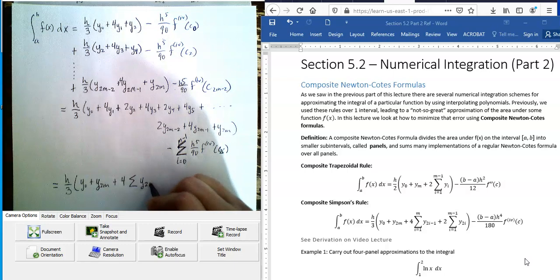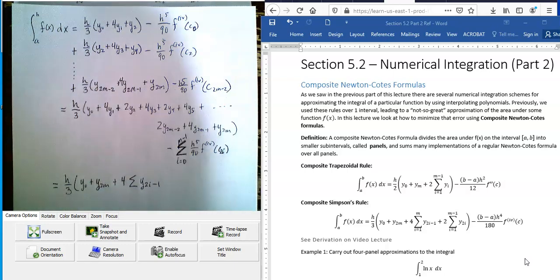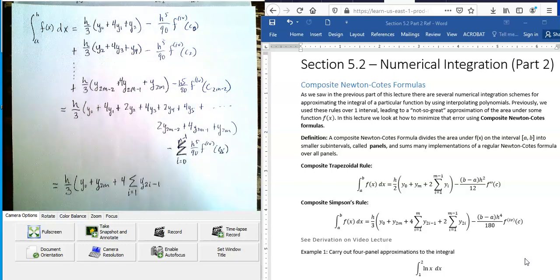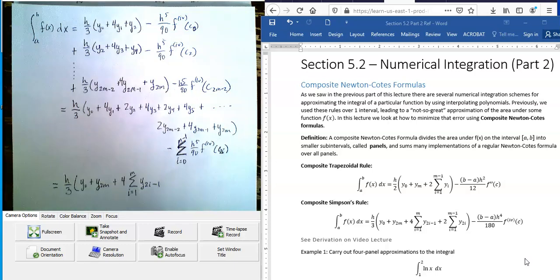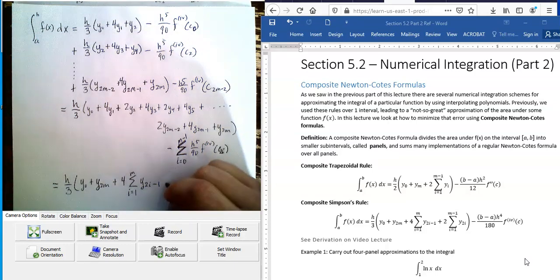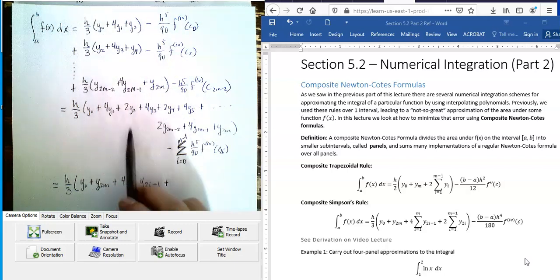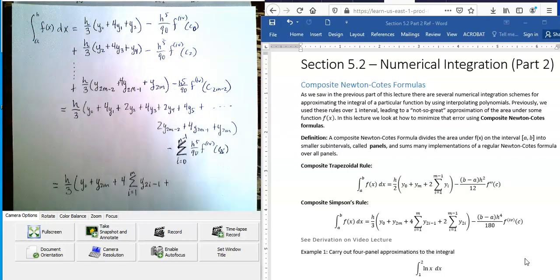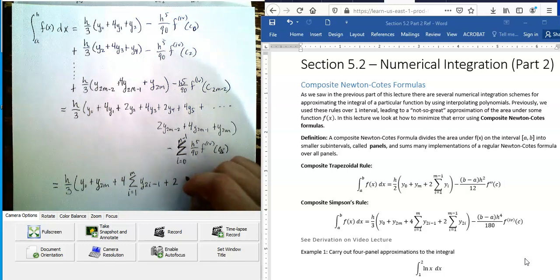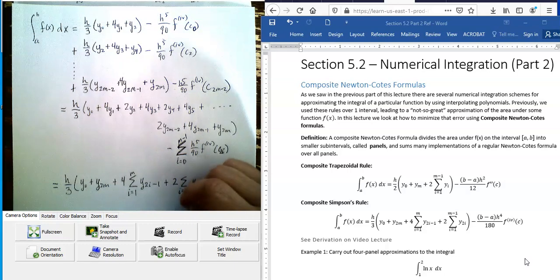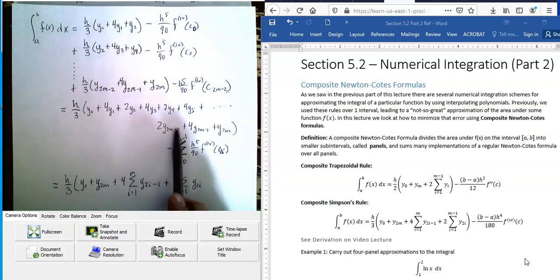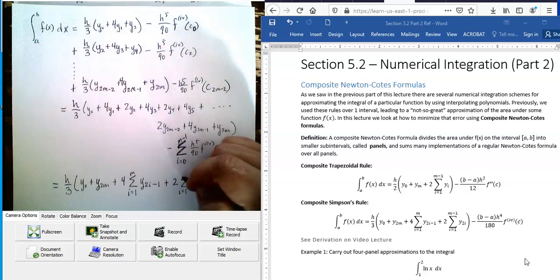Well, that would be an even number minus 1, right? As i goes from 1 to m. Plus, now all the even indexed ones in the center are multiplied by 2. So this would be y sub 2i, an even number. i goes from 1 to the last one that's multiplied by 2, which is 2m minus 2, so we just need to go to m minus 1 here.